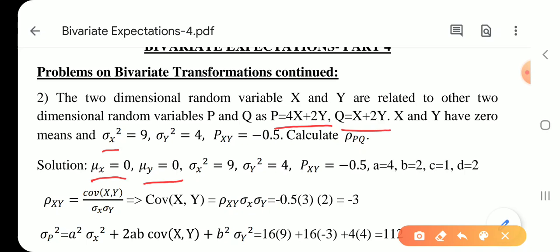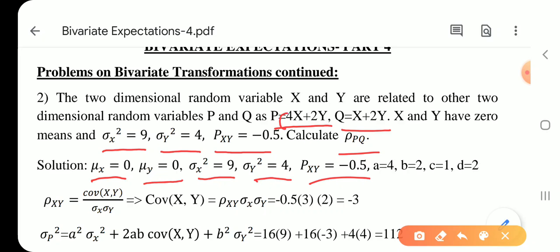Sigma x square, the variance of the random variable X, is 9 and sigma y square, the variance of Y, is 4. Rho of XY is equal to minus 0.5. We have to find rho of PQ.